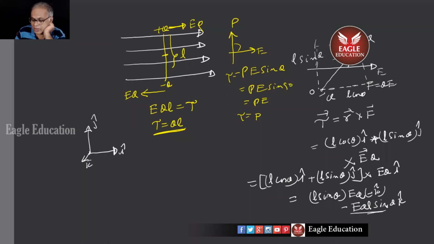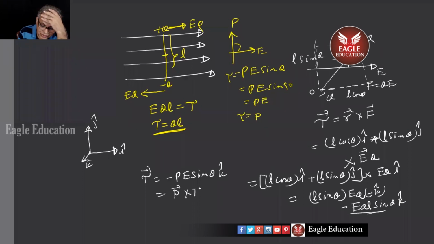This is a more analytical way of doing things. That's the reason why we should write it as tau bar equals, by making QL a vector, minus PE sine theta K cap, which is written simply as P cross E. P cross E is into the plane.